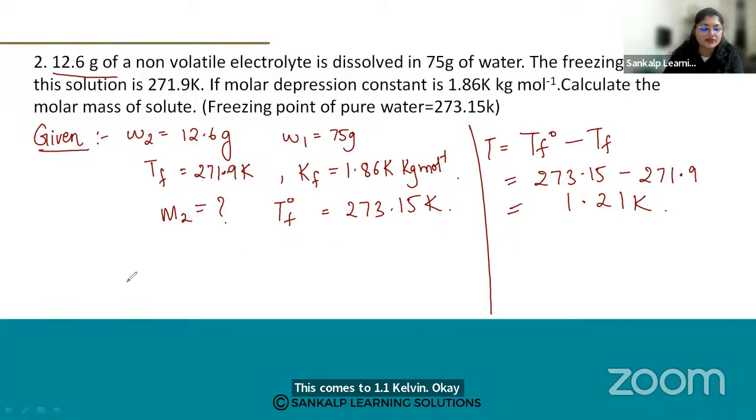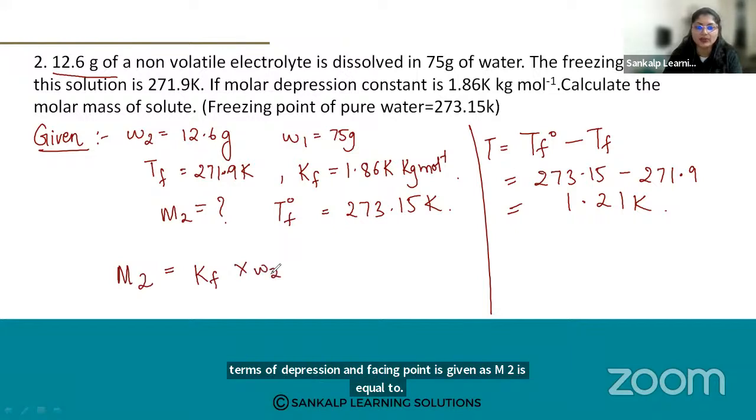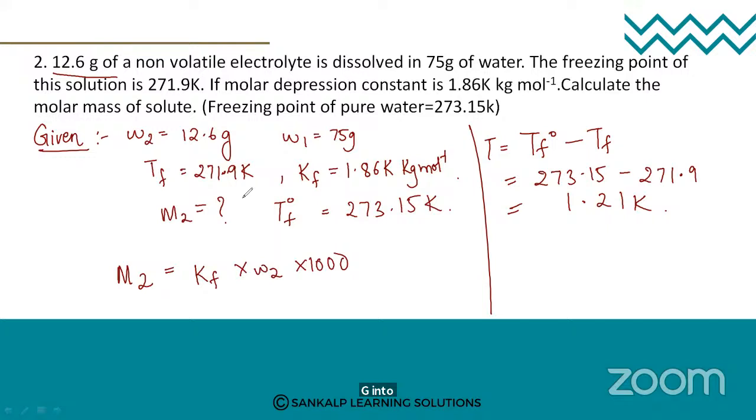Next, what is the formula? The formula to find the molar mass of solute in terms of depression in freezing point is given as M2 equals Kf into small w2 into 1000 divided by delta Tf into W1.